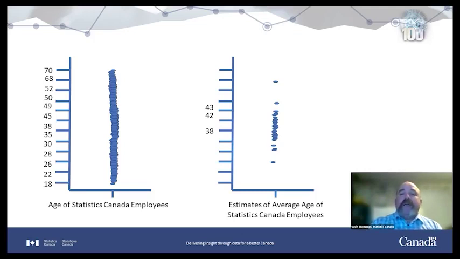And before I go on, it's actually a good thing to get very high and very low estimates. What that does is it tells you that there's variability in the data. So for example, if I always got roughly the same answer, let's say the number always came back as 39, 40, or 41, I would start to get the idea that maybe everyone in my office is 39, 40, or 41, because the results are always coming back with that value.